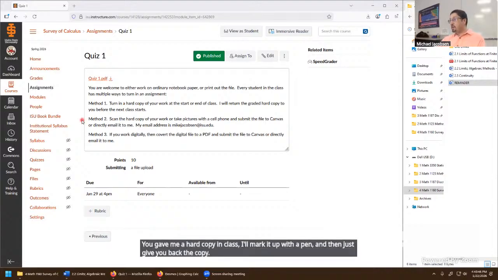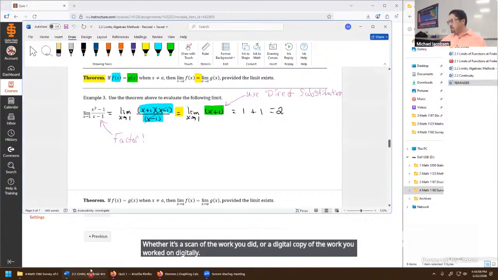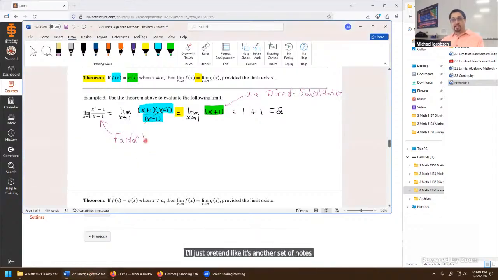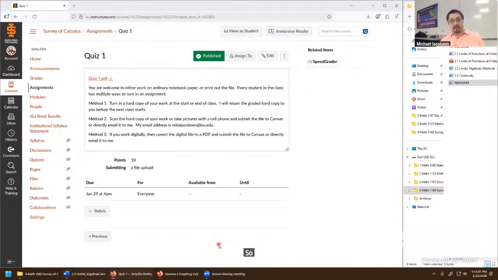If you send a copy to Canvas or to my IUC email address, whether it's a scan of the work you did or a digital copy of the work you did digitally, I'll just pretend it's another set of notes and make some comments. If there are any corrections or things like that I have to mention, I'll put them on paper. So everyone will get feedback on how you're doing on that kind of problem.